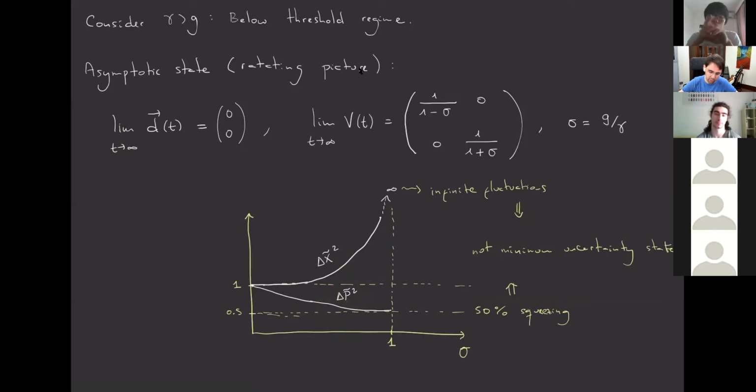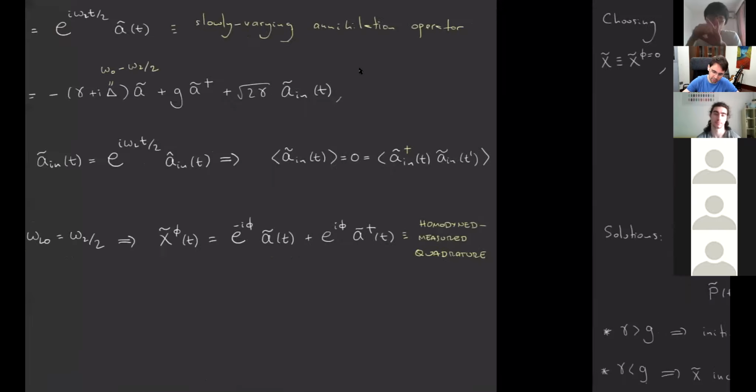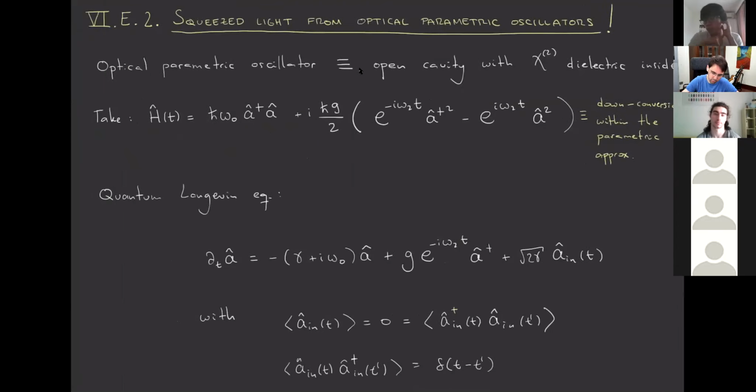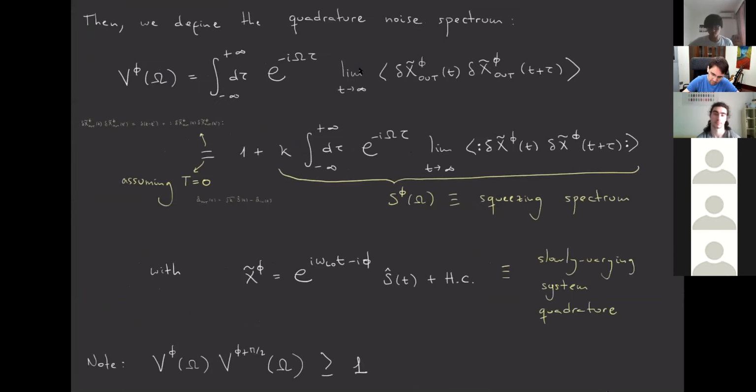Okay, so now our goal in these final minutes is to calculate this function in here, okay? Or if you want, this function in here. So the two-time correlation function of the output quadratures.